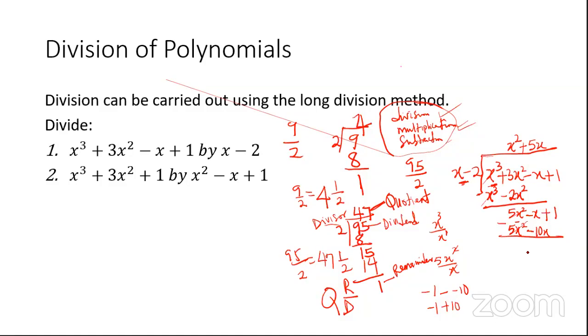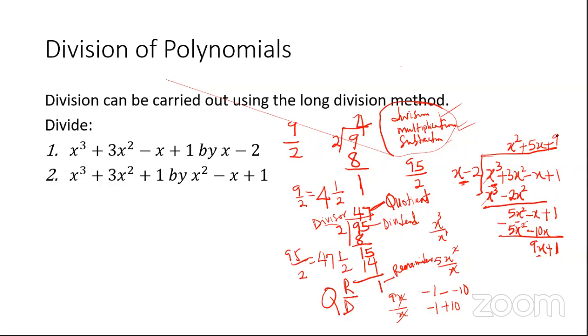Minus 1 plus 10 will give us what? Plus 9, so that will be 9x. Then transfer this one down, plus 1. From there, you also see what's the highest power here? 9x. What's the highest power here? x. Can they still divide? Yes. 9x divided by x: we cancel x, then we have plus 9.